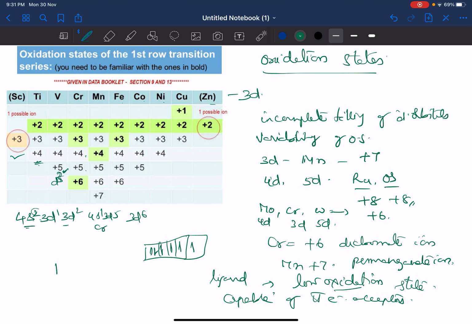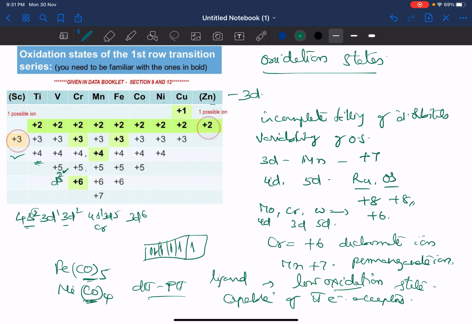For example, Fe(CO)5 and Ni(CO)4: nickel tetracarbonyl and iron pentacarbonyl. In these two compounds, carbon monoxide, the carbonyl ligand, binds through d pi p pi bonding.